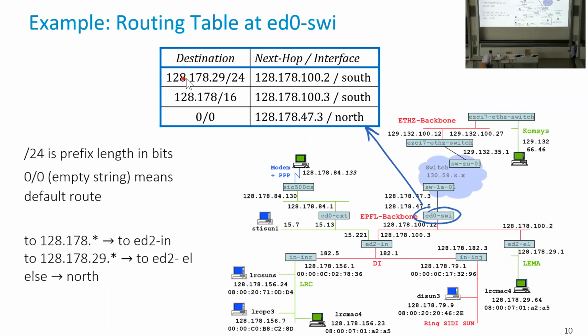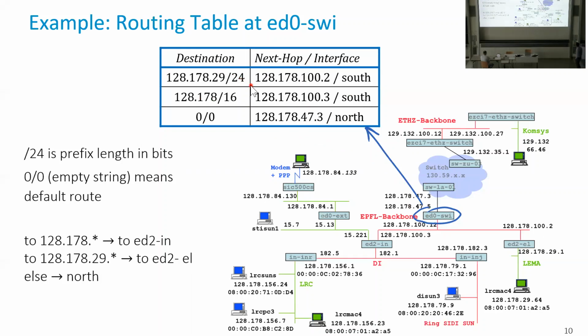Here is a destination prefix. We use the /24 notation. That means we take the first 24 bits. This is a group of 3 decimal numbers, so that's exactly 24 bits. Anything that has this goes to the south interface, that means here. Everything that has this prefix also goes to the south interface.